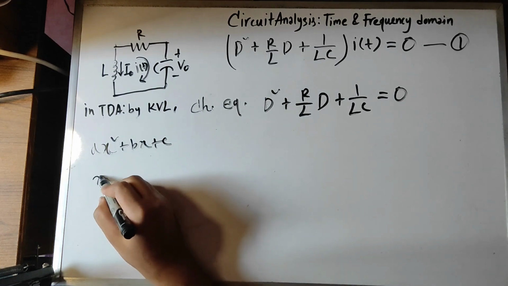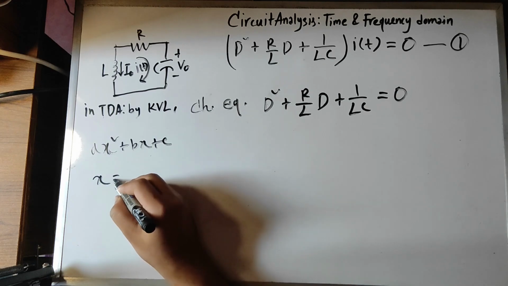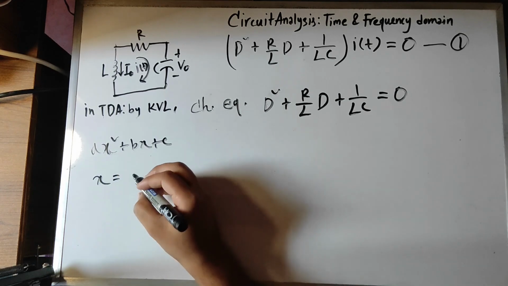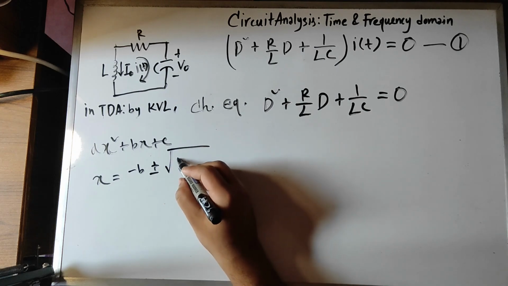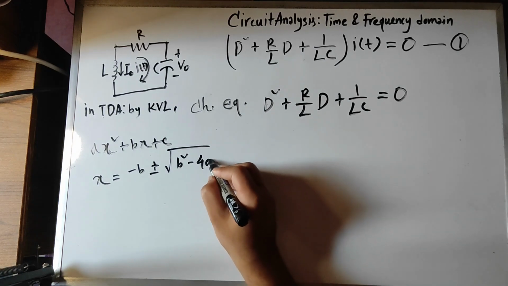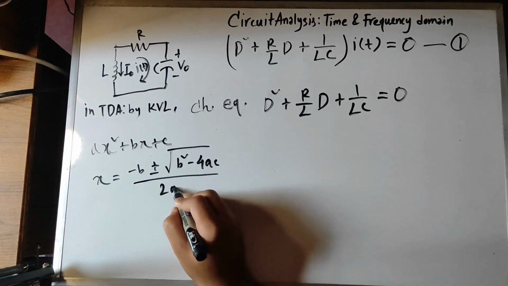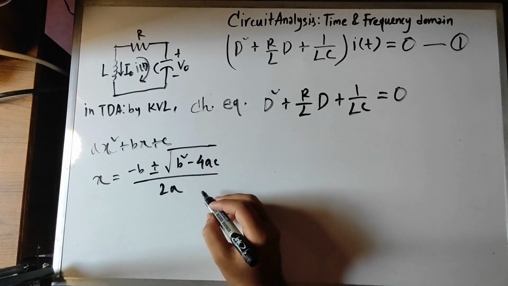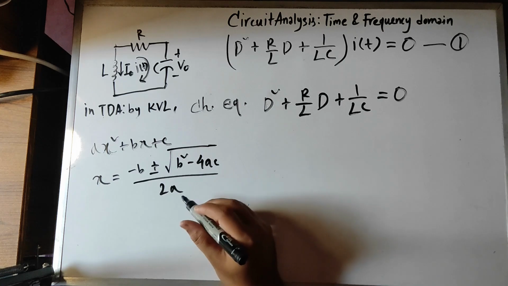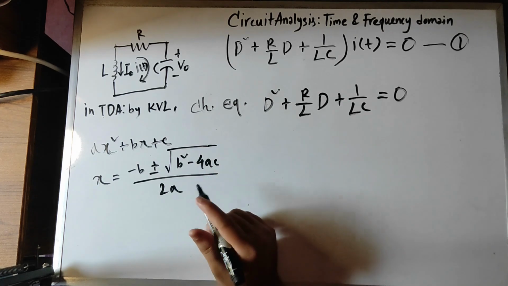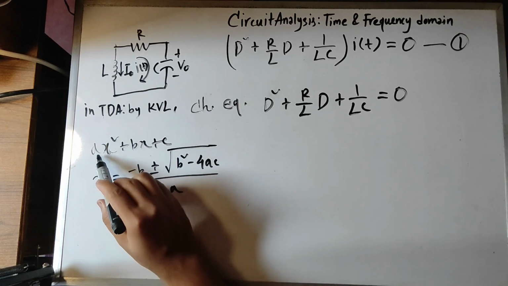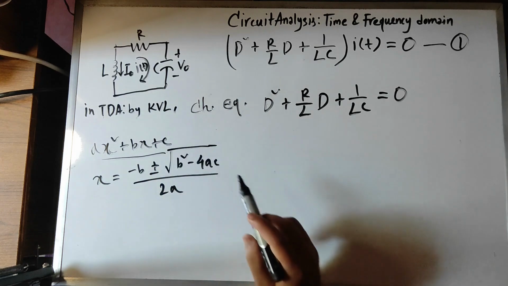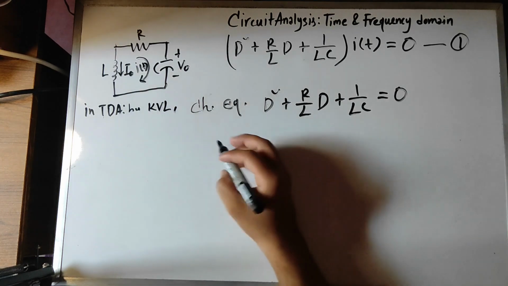The root of this second order polynomial is minus b plus minus root of b square minus 4ac, by 2a. This is the general mathematical formula for finding the root of a second order algebraic function.